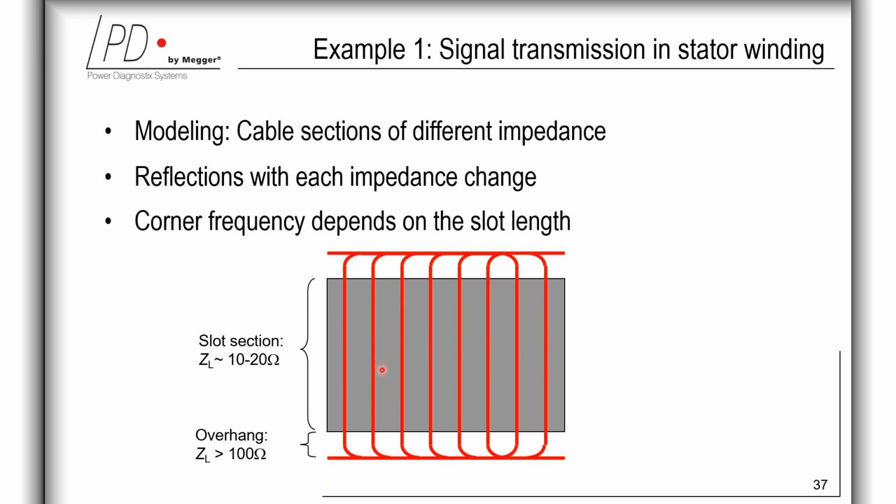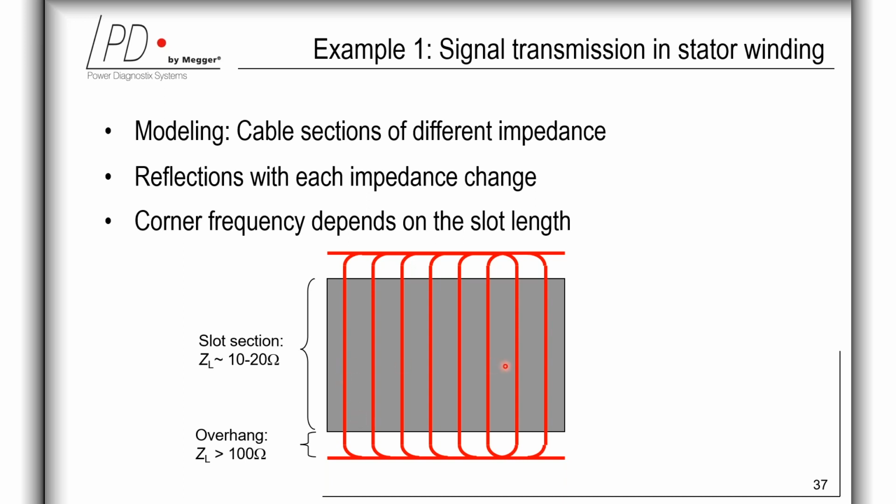Outside of the slot in the core, in the so-called overhang section, the conductor acts like a bare conductor against the remote ground. In the slot section, the impedances are in the range of 10 to 20 ohms, and in the overhang section, it's more than 100 ohms. So here we would expect reflections with each impedance change.